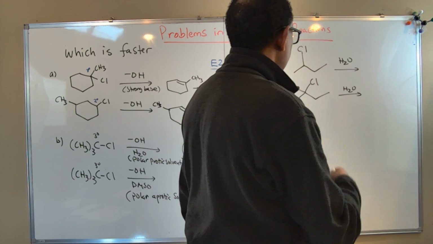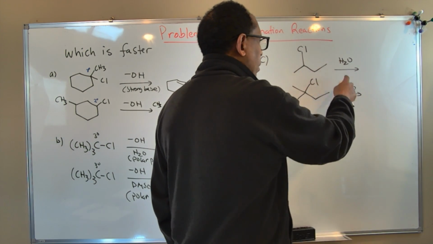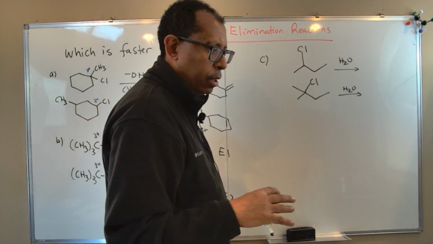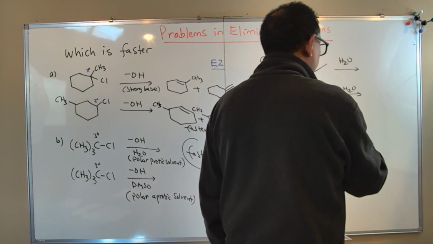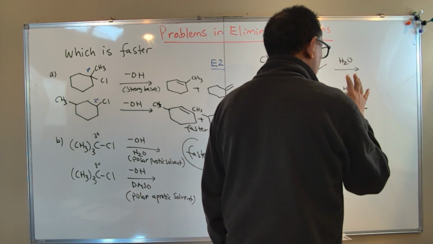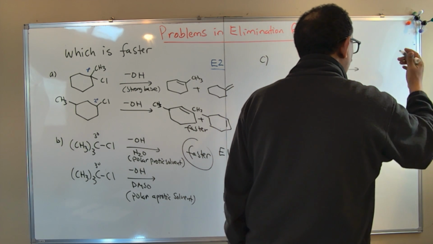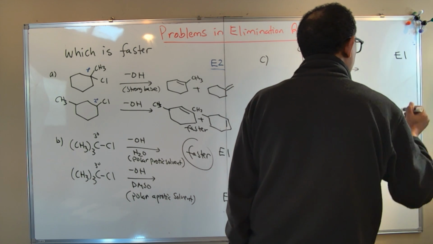What about here? Let's characterize first what we have. Both here, the base is a very weak base. Water is a very weak base. So since I have a very weak base, the mechanism that is favored would be an E1 mechanism.